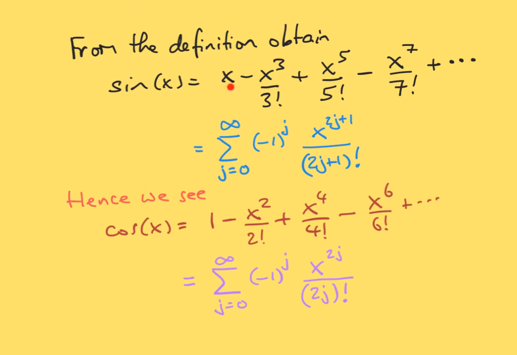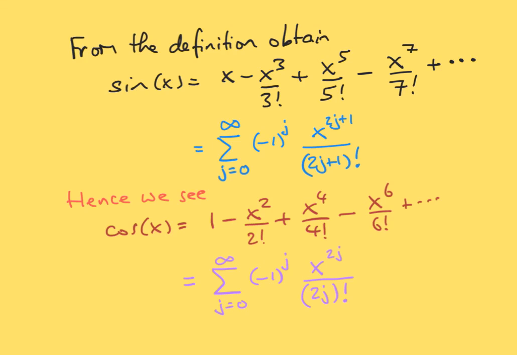So the sine of x starts with x, there's no constant, sine of 0 vanishes, and then it has the value x minus x cubed over 3 factorial plus x to the 5th over 5 factorial, etc. You can write this series as a sum, starting at j is 0, and we have alternating signs, x to a power of 2j plus 1, so when j is 0, it's x to the 1, and then you just add 2 to it in every next term, so it's x to the 1, x cubed, x to the 5th, etc., and we divide by the factorial that goes with that.